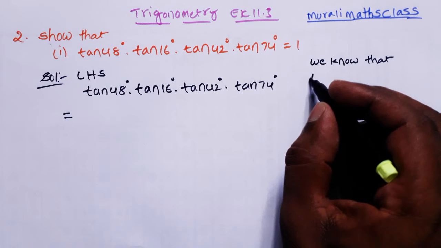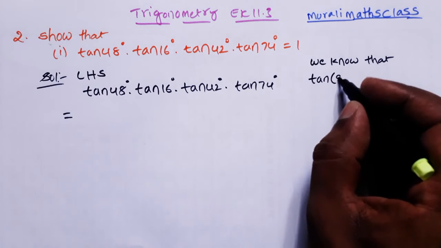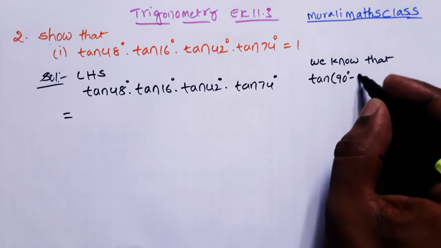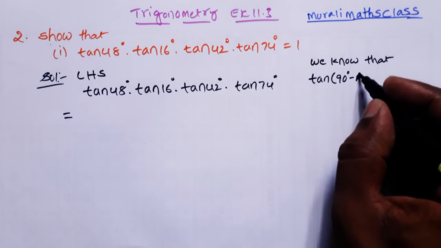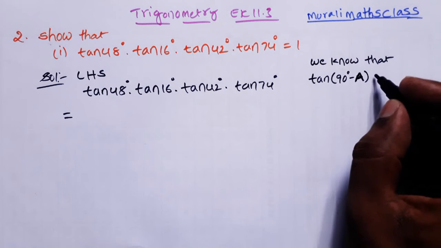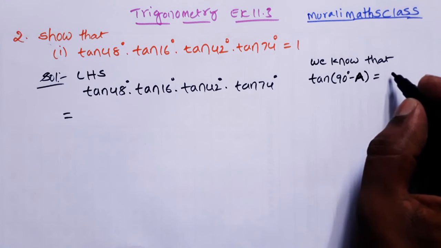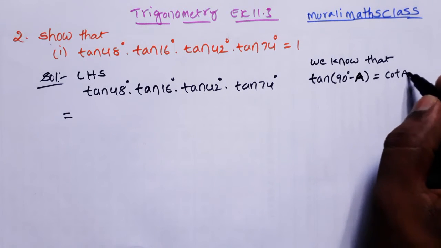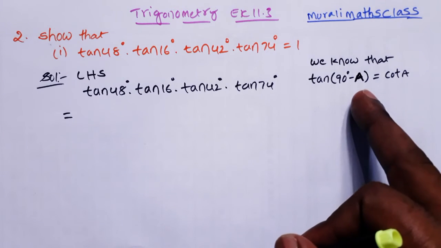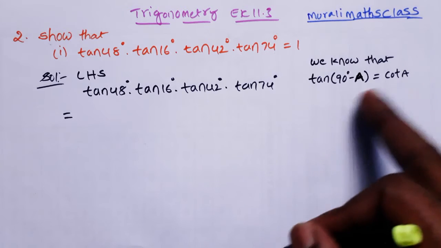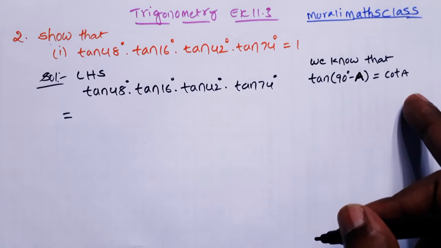That is tan 90 degrees minus A equals to cot A. This formula we know. Tan 90 minus A equals to cot A.